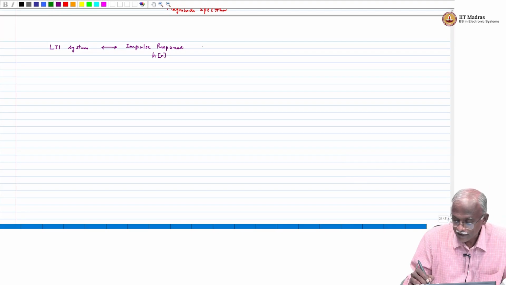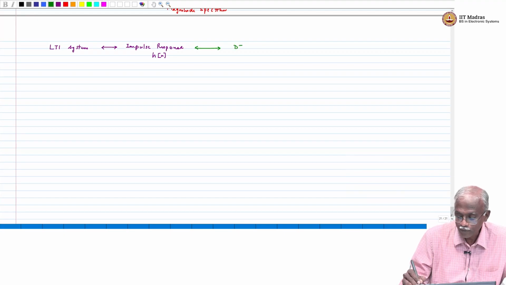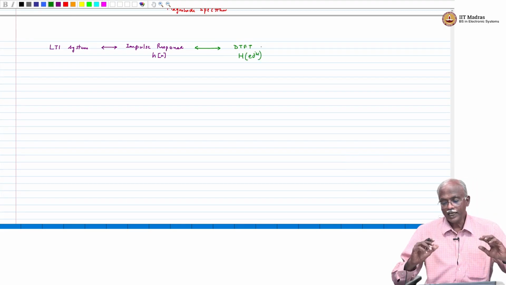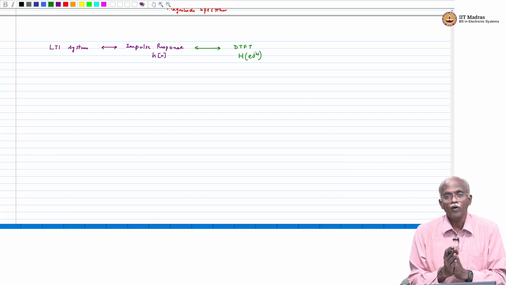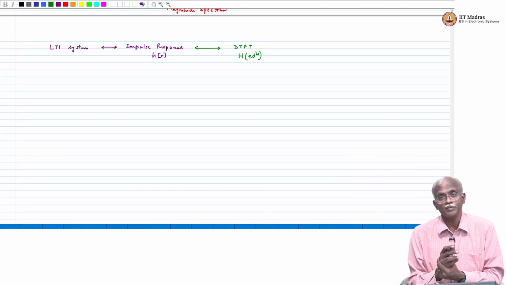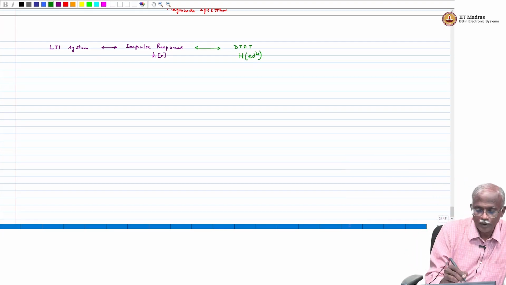Now, we can say that this LTI system can also be represented by the discrete time Fourier transform, which is given by H e of j omega. We have another domain in which we can analyze the behavior of the discrete time system. Let me give you an example of what we mean by that.